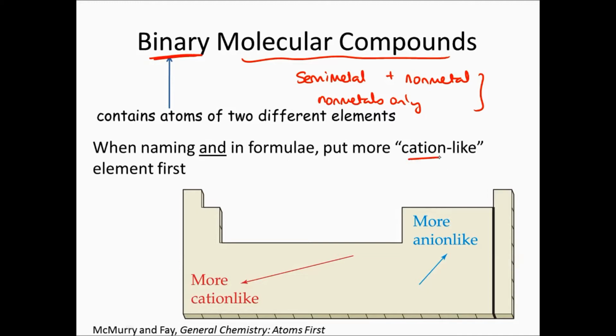What that means is the most metallic, the one with the most metallic character, which is closest to the bottom left corner of the periodic table, and the second element to be listed is the more anion-like, which is the least metallic, closest to fluorine at the top right hand corner.